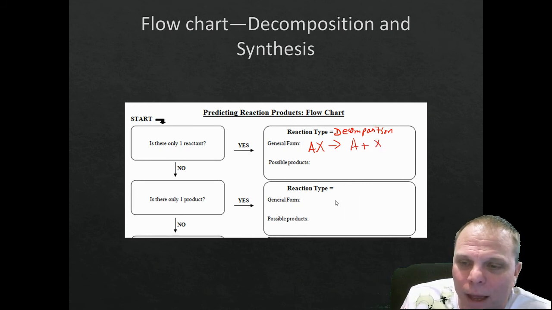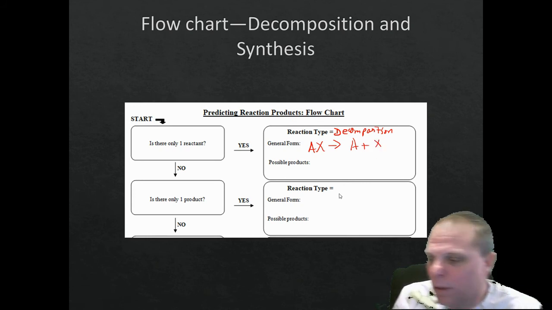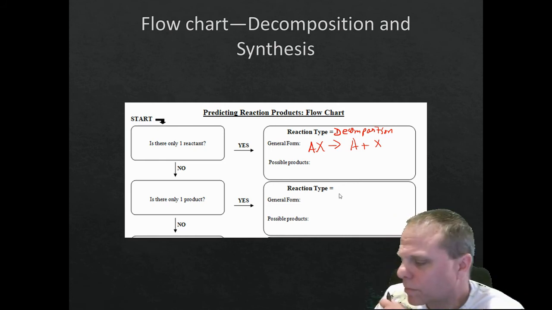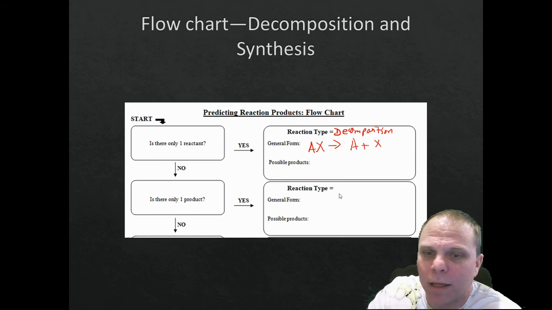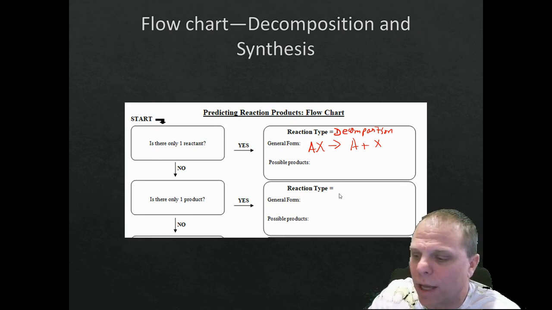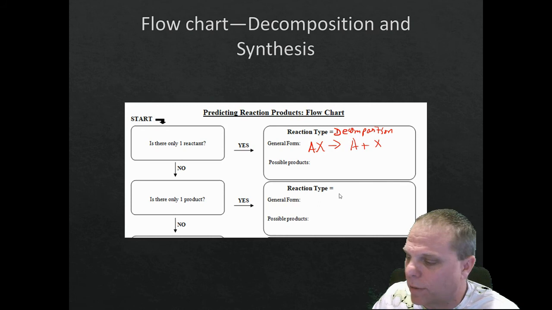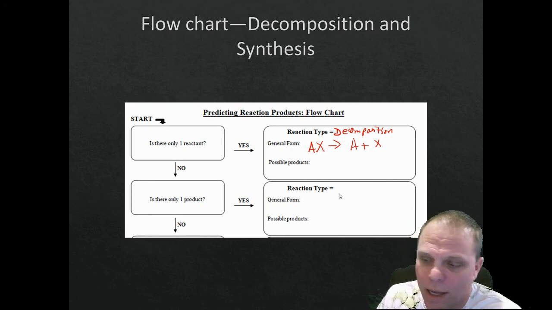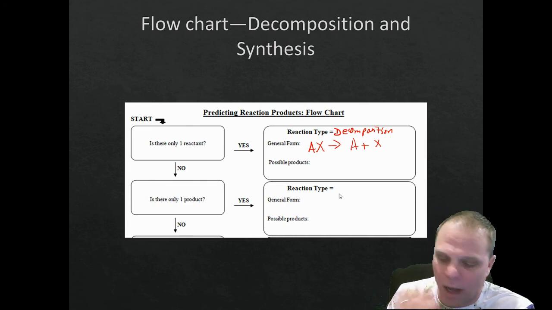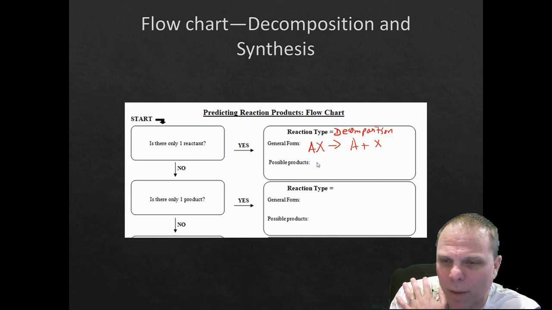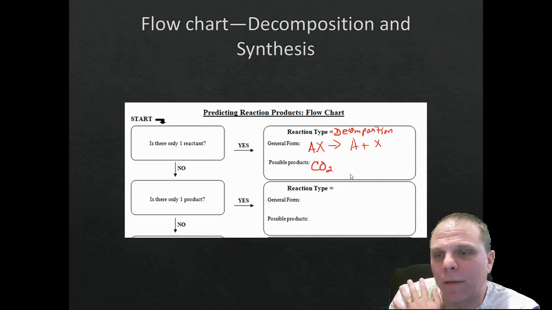Possible products. So when we're looking at possible products, what we're trying to do is identify what kind of reactions we get. Remember, we had all sorts of ones with the decomposition reactions. We had the decomposition of a metal carbonate and the metal hydroxides. But you remember carbon dioxide was a common one in the metal carbonates.